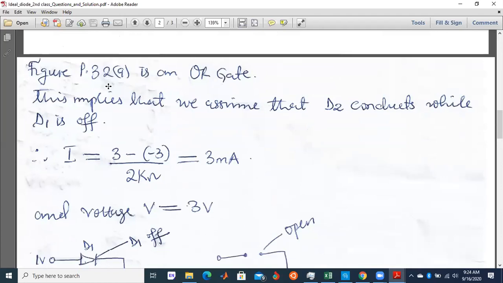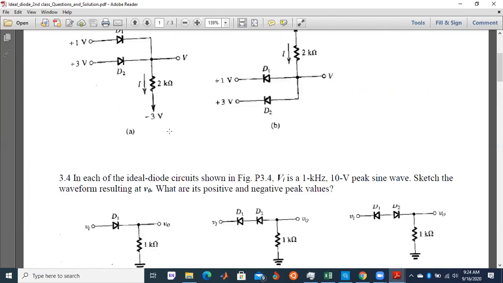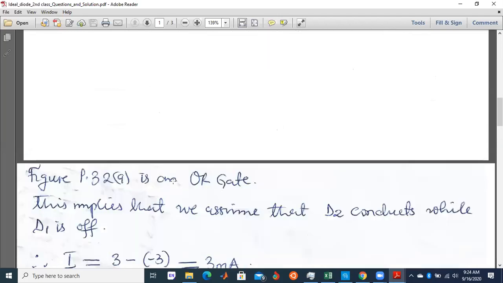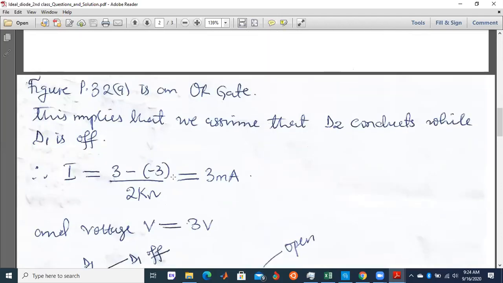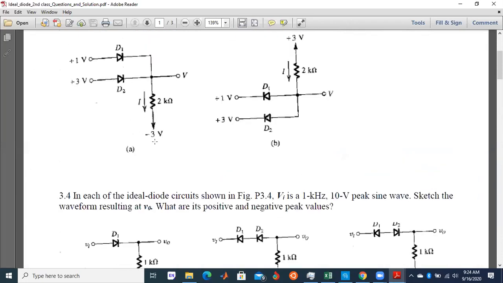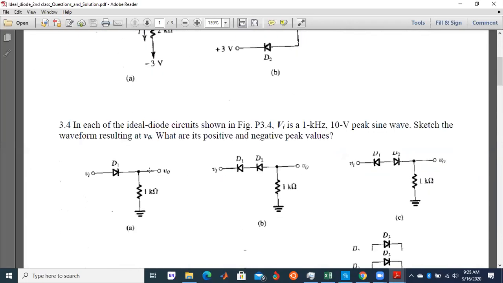From figure 3.2a, this implies that we assume D2 conducts while D1 is off. That is, D2 conducts while D1 is off. I think I've given you the reason why we choose that. So I will now be 3 minus 3 divided by 2 kilo ohms.